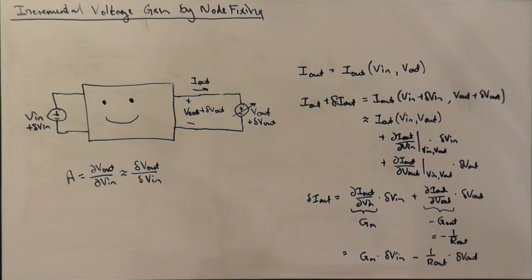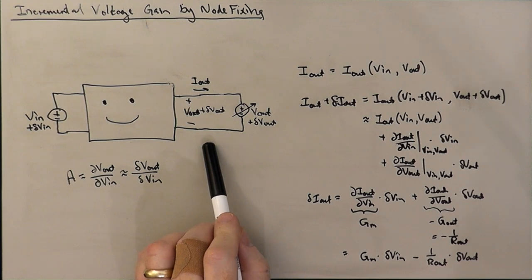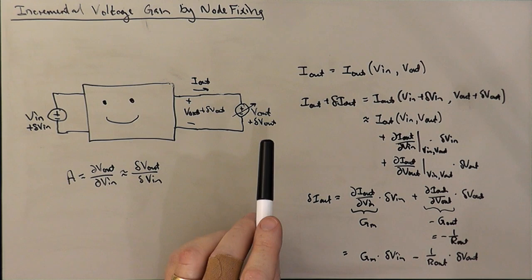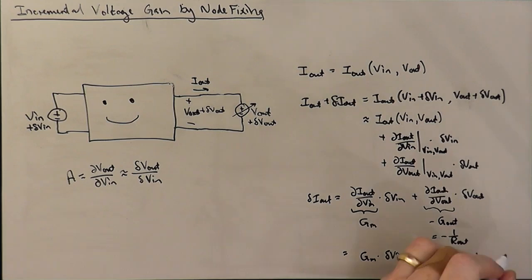And we're not going to be interested in general output currents in our particular case here, because we're interested in what is the open circuited output voltage. And we argued that that combination of delta V in and delta V out was the one that was going to make I out equal to 0. So we're interested in the combination of delta V in and delta V out that makes I out equal to 0 amps.